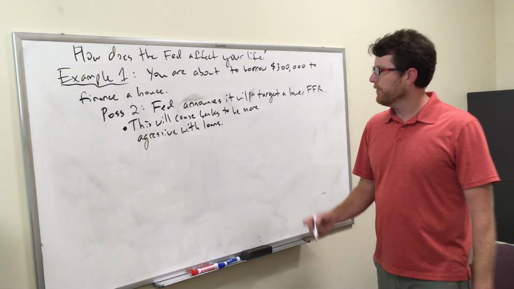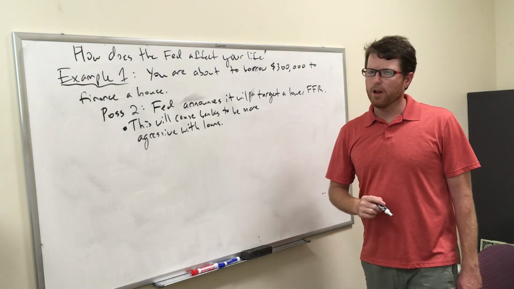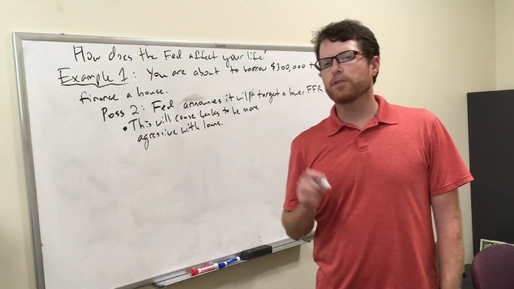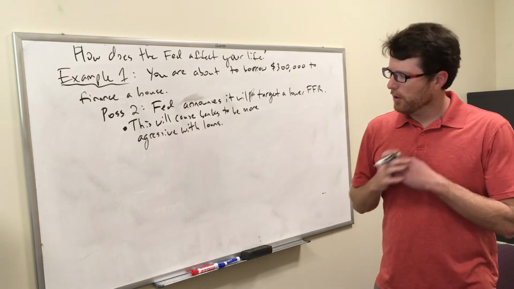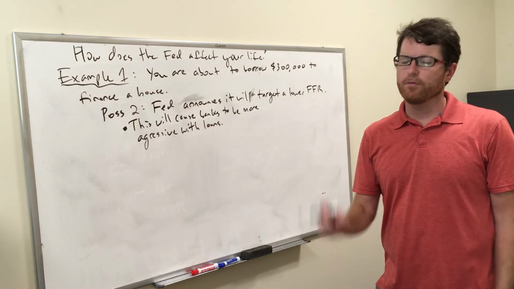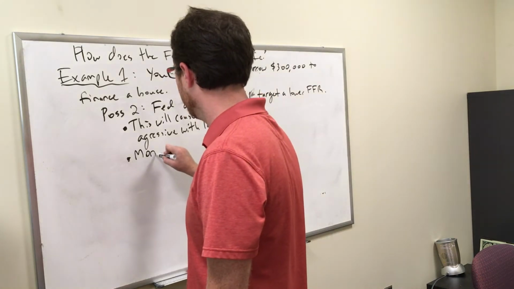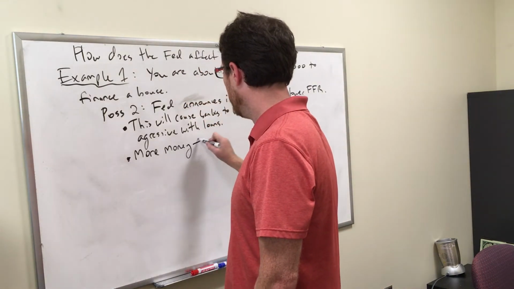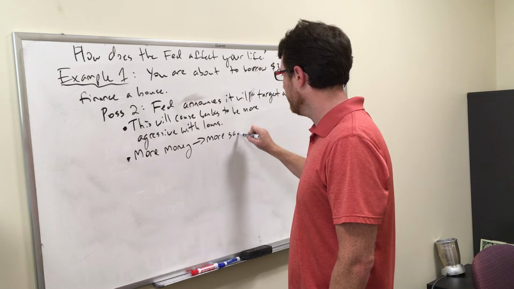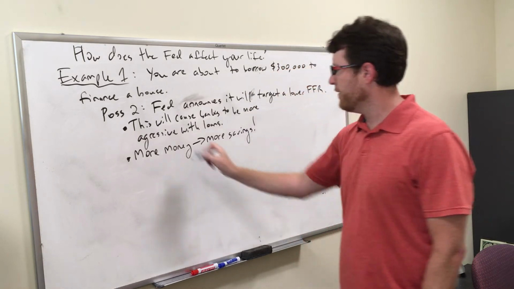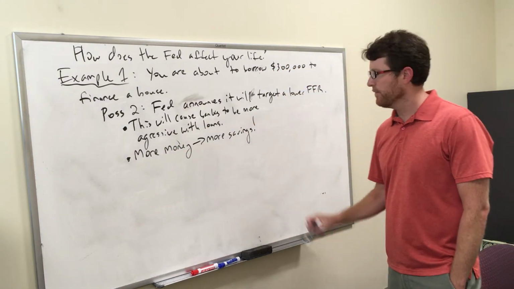They'll be more aggressive because they know if the federal funds rate is lower, it's easier for them to borrow. It's cheaper for them to borrow. So they're going to loan out more of the money that they have and hold very little excess reserves. The result is more money and thus more savings. All right? Anytime there's more money, there's going to be more money saved.